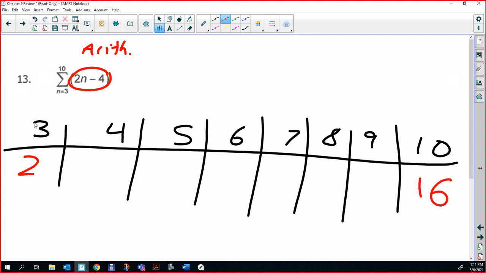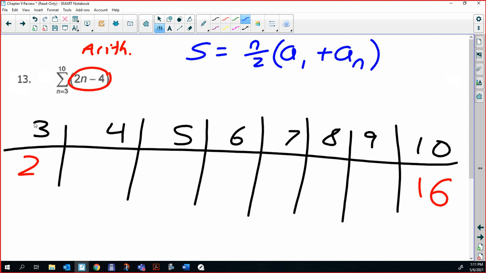So if you wanted to use just the formula, the sum is n divided by 2, times a1 plus an, the first term plus the last term. The first term is 2. The last term is 16. And then how many numbers are there from 3 through 10? It's not 7, it's 8. You can count them up if you don't believe me. That's 8 numbers right there.